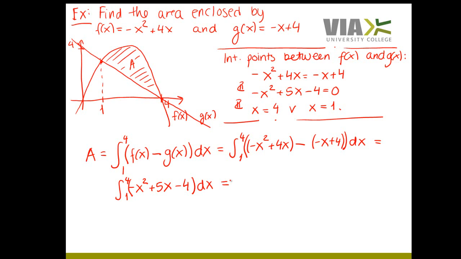Yes, and the integral of that must then be minus 1/3 x to the power of 3 plus 5 over 2 x squared minus 4x, and the limits which we have here will still be 4 and 1.